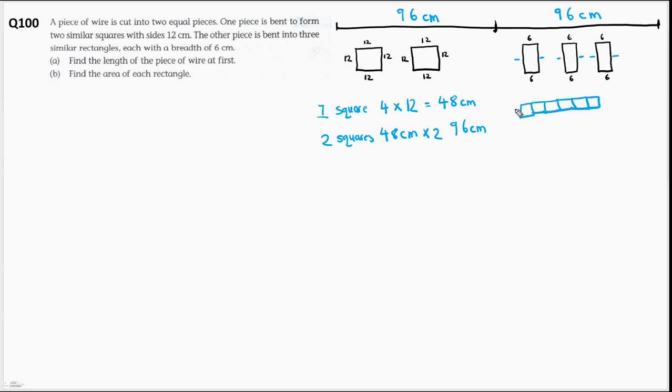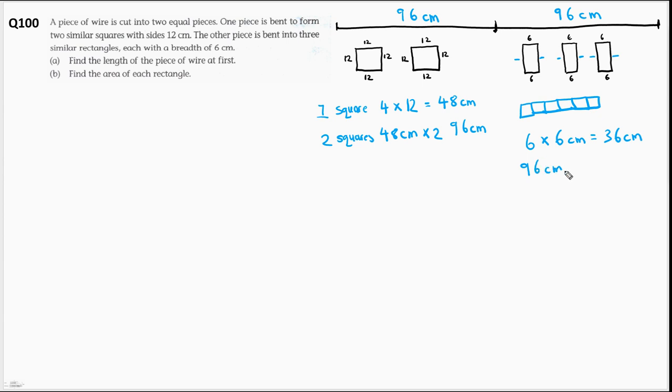We have 6 lengths to fill in, 6 breadths to fill in. We filled in the breadths, we don't have the lengths. So what are the breadths? Well, we've got 6 of them and they are 6 centimeters. So 6 times 6 centimeters equals 36 centimeters.